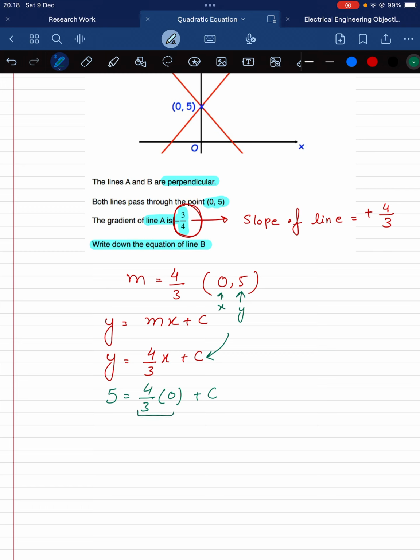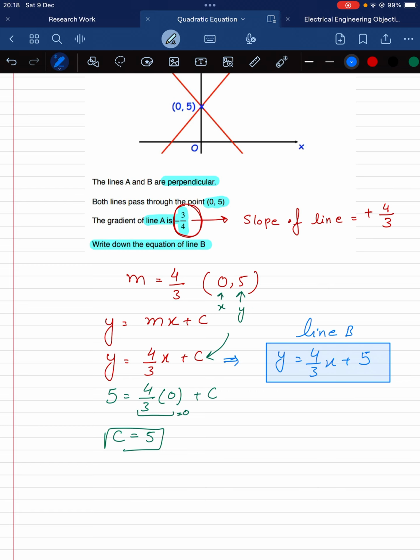So this whole term will be equal to 0 because it is being multiplied with 0, so c is equal to 5. Now our new equation will be y is equal to 4 over 3x plus 5. So this is our new equation. That is the equation of line B.